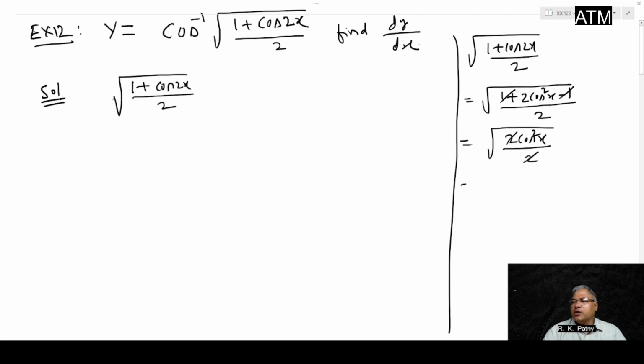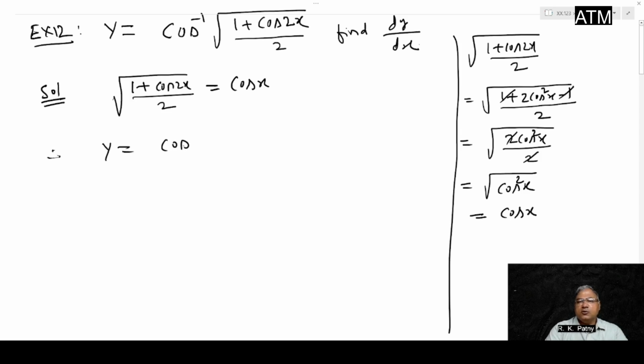The 2s get cancelled, so this equals the square root of cos square x, which is cos x. Therefore y equals cos inverse of cos x, that is equal to x. So y equals x.